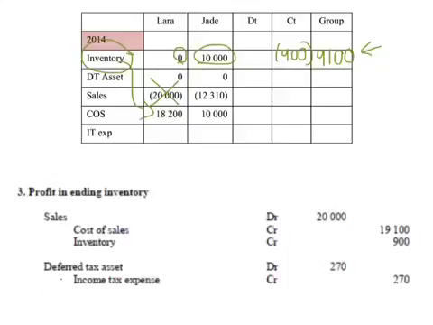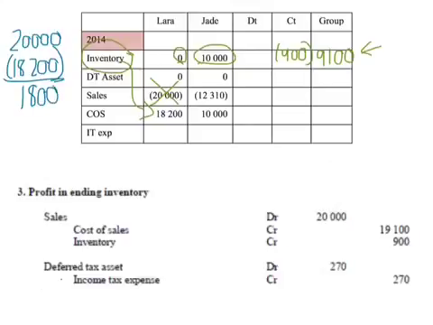And an alternative way to look at it is to say that in Laura's accounting record, sales of $20,000 was recorded, cost of sales was $18,200, so there was unrealized profit on selling inventory of $1,800.